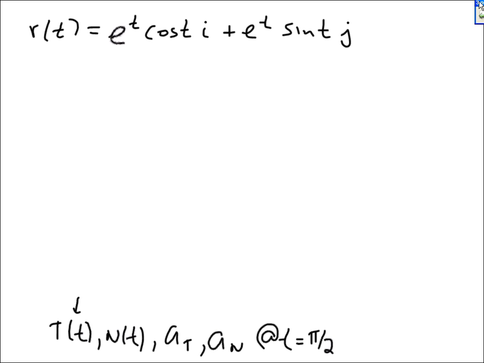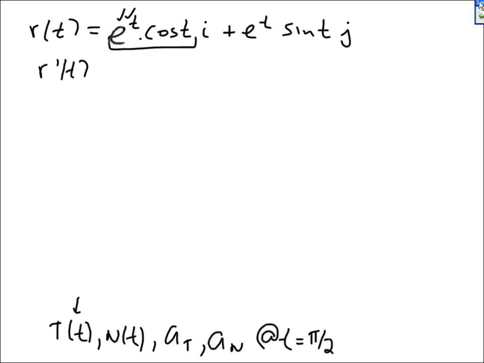Well, to find T of t, you have to have r prime and the magnitude of r prime. So r prime of t. We take the derivative of this. The product is e to the t times something else, namely cosine t. In the product rule, they're both e to the t.